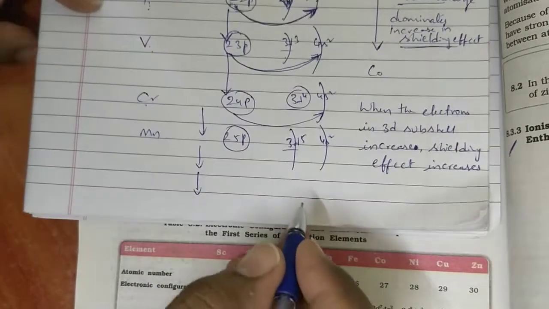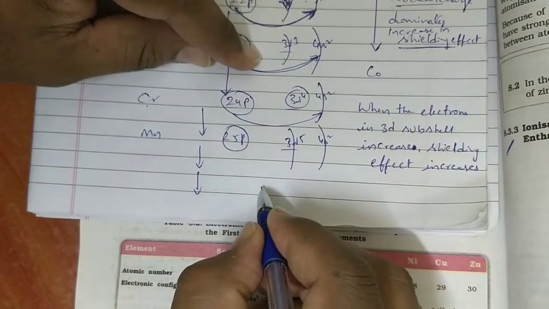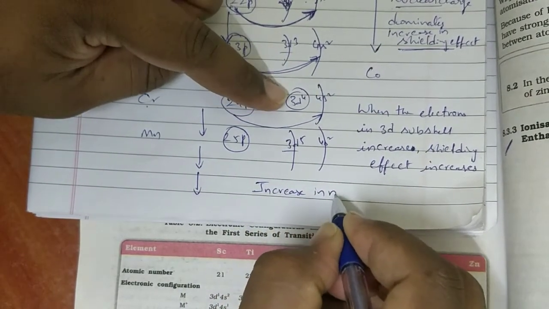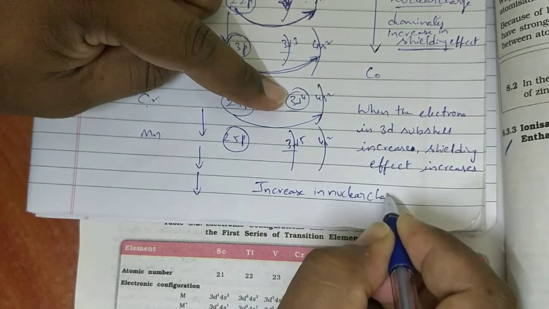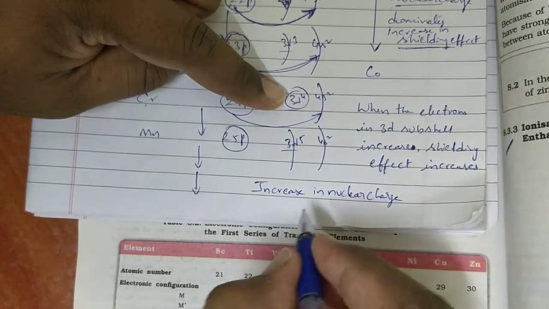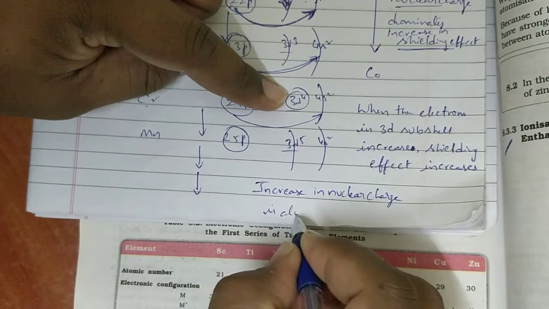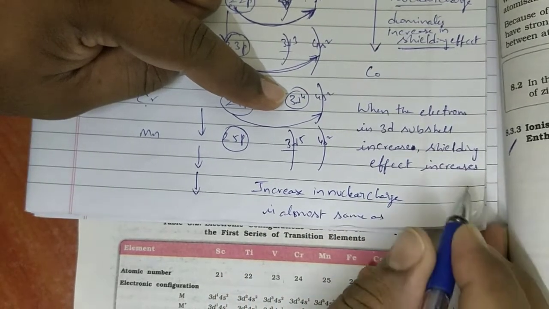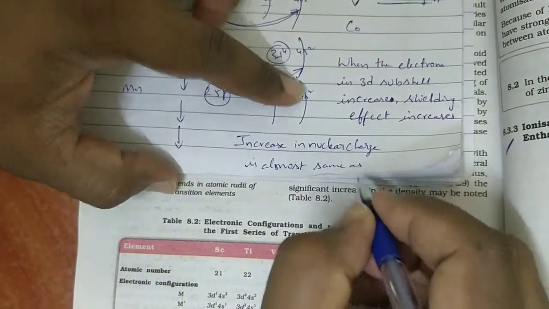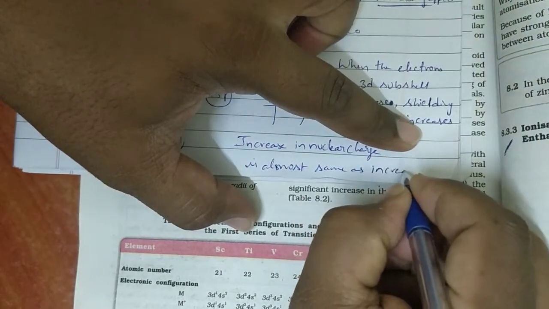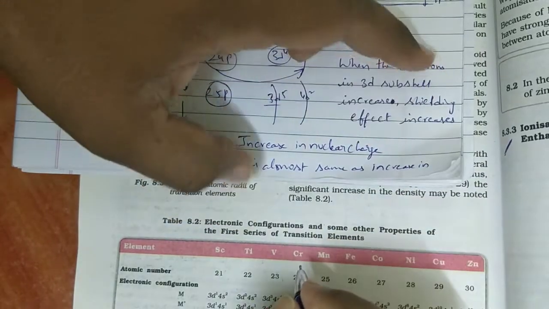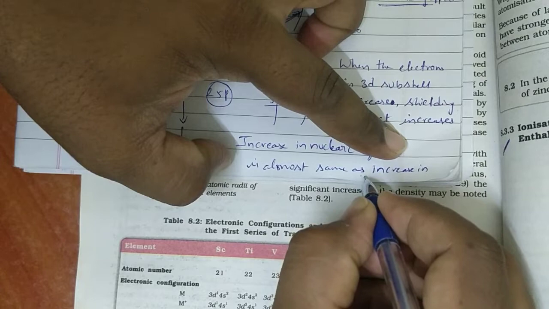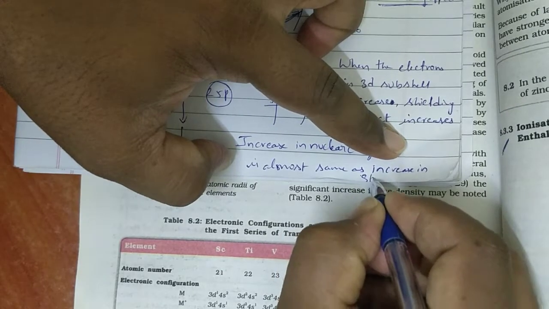What is going to be? Increase in nuclear charge is almost same as increase in shielding effect.